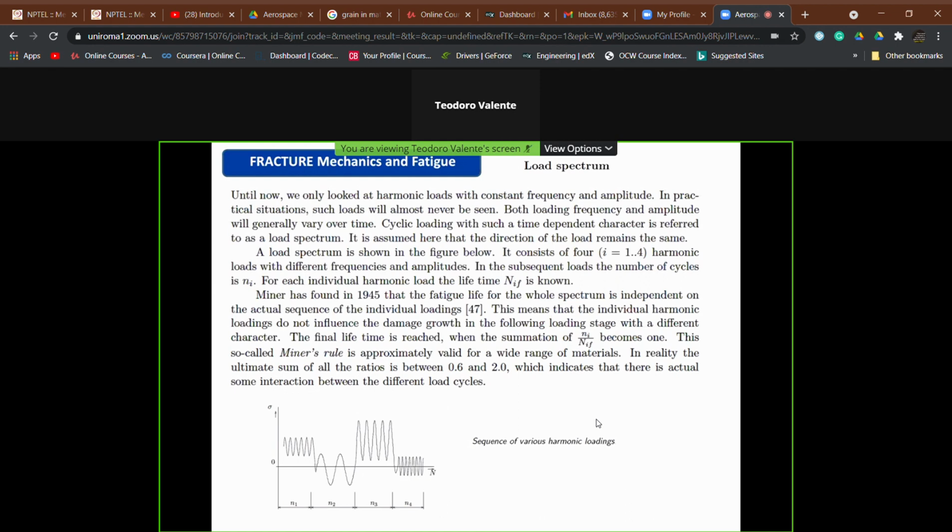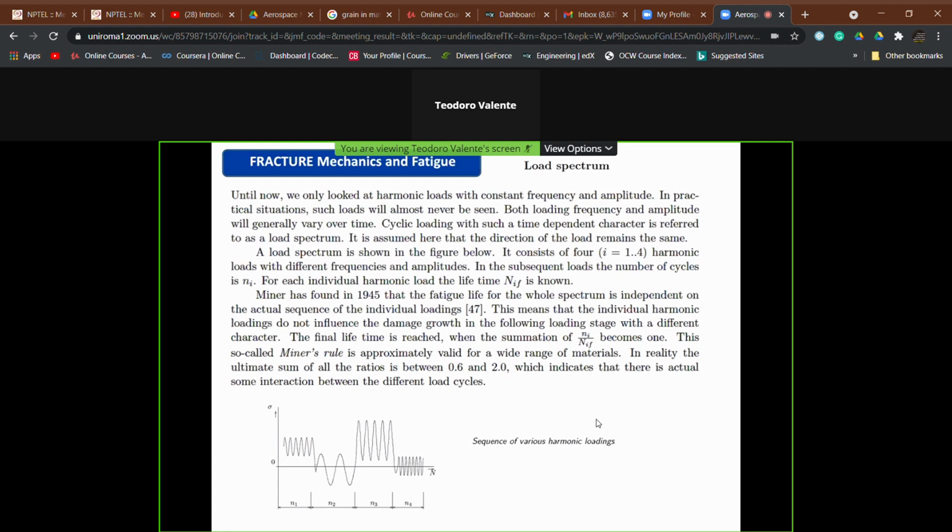In this case, when we have a cyclic loading, which is again under the fatigue hat, it belongs to the fatigue world, we say that a cyclic loading with a time-dependent character in terms of frequency and amplitude is called a load spectrum.